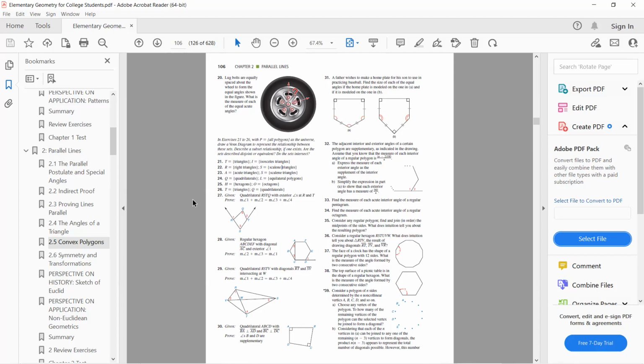Right. So for example, is there any hexagon that's an octagon? No. Is there any octagon that's a hexagon?